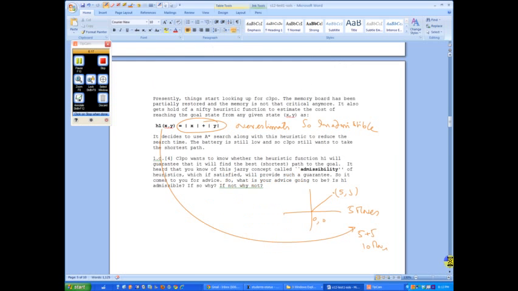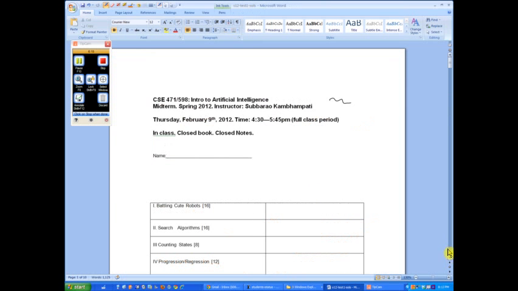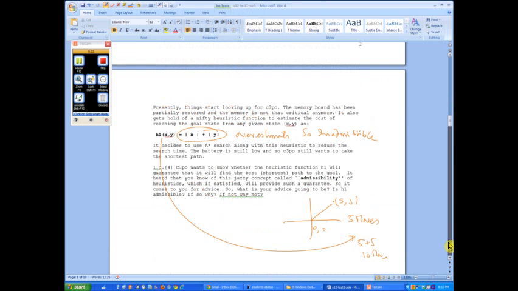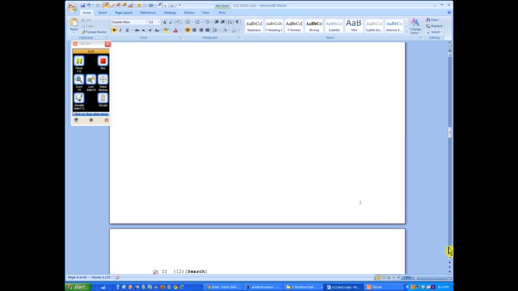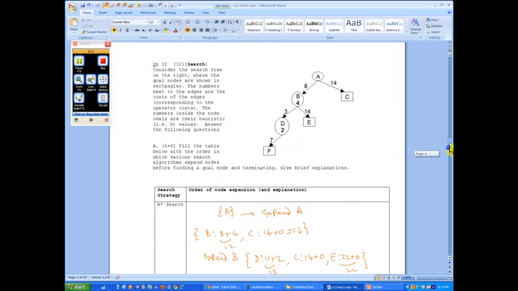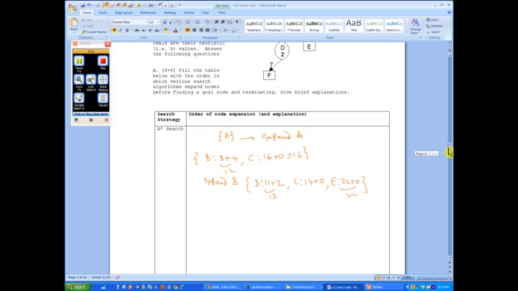Okay, so then what do we do? We essentially will take D and expand D. So this is expansion 1, this is expansion 2, then you expand D because that has 13, which is the lowest F value.